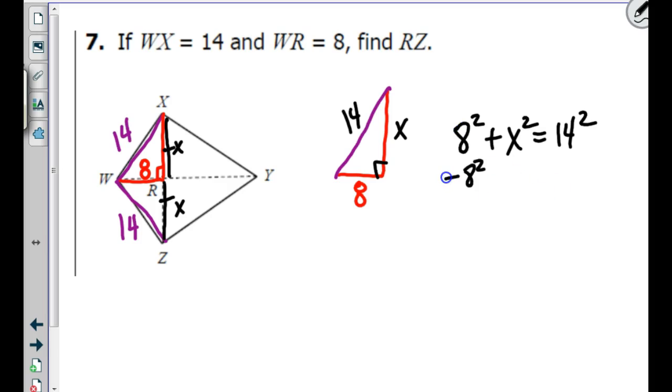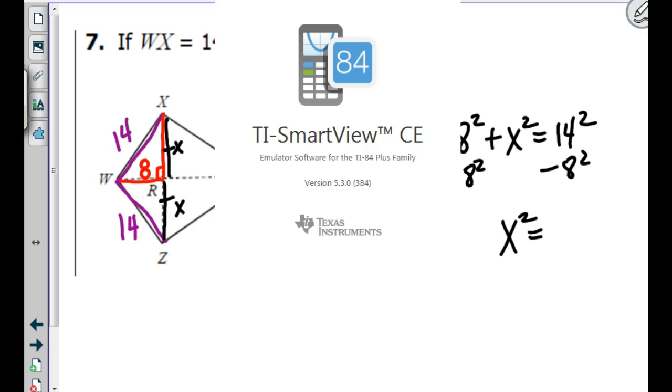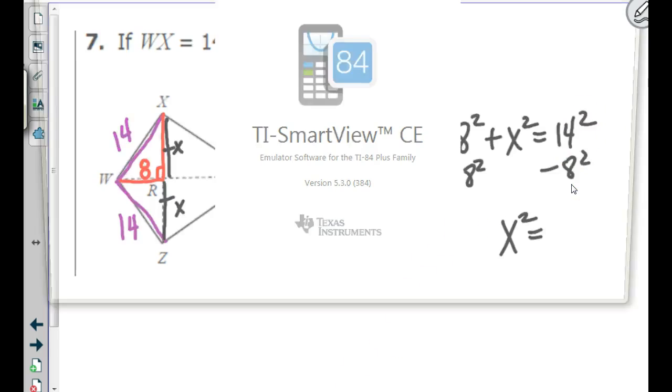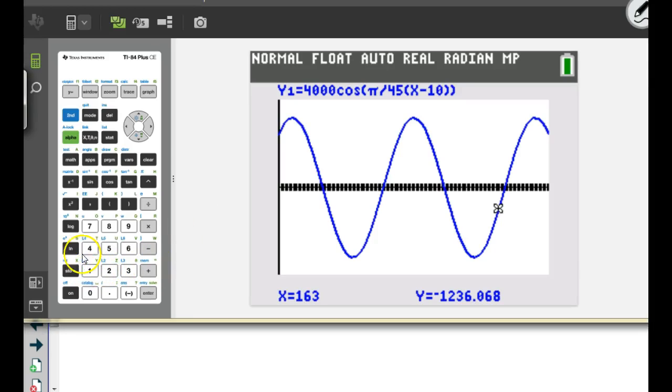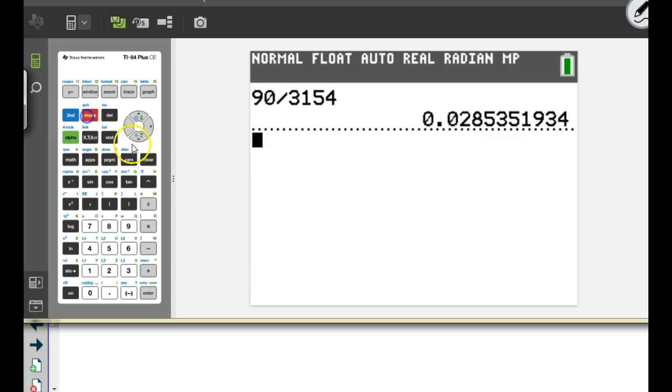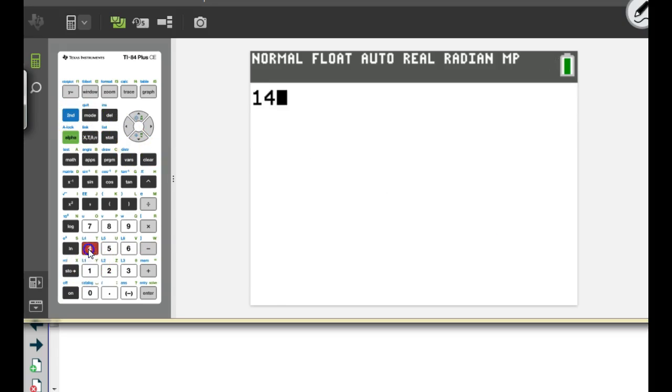I'm going to subtract to get the X by itself. And then I'll go ahead and show the calculator for this one. But you should be doing 14 squared minus 8 squared. So 14 squared minus 8 squared is 132.